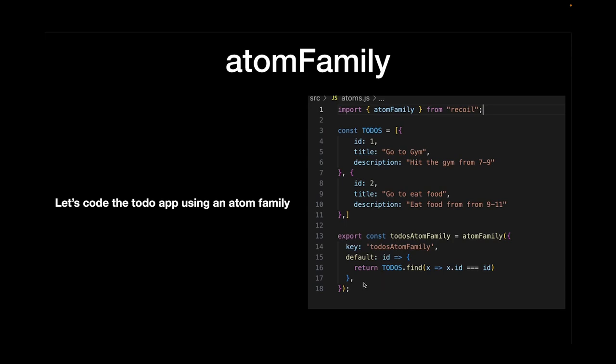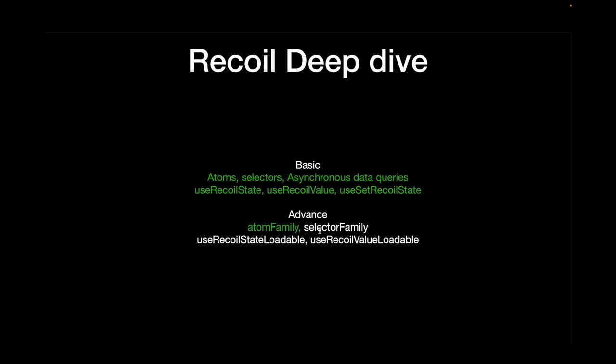So you will put a function here rather than a number or a string or an object, because this function will take that ID as an input and then finally return you the specific output given that input. This is great, but what is this missing? This is missing: what if this data is present on a backend? How do I get this data from the backend and actually render it here? Which is what we will discuss next when we get into selectorFamily.